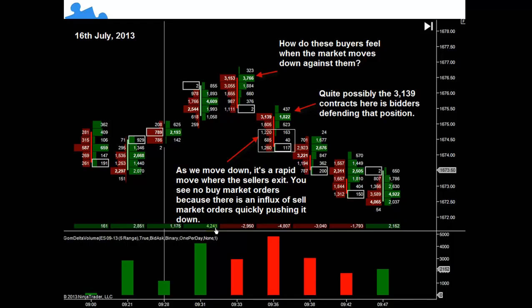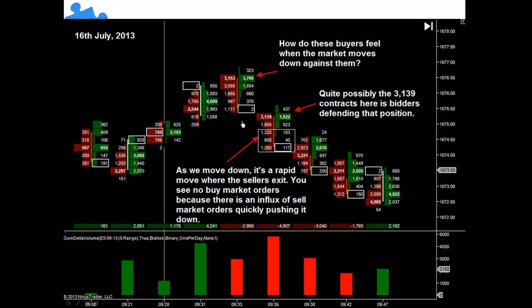People have bought, and they will need to sell to take profit. Remember, the footprint chart shows us the action on the way up and the way down. What we can see at this high is absorption at the top. We've got this exceptional volume at the top, and then the selling on the way down as we come off the top.